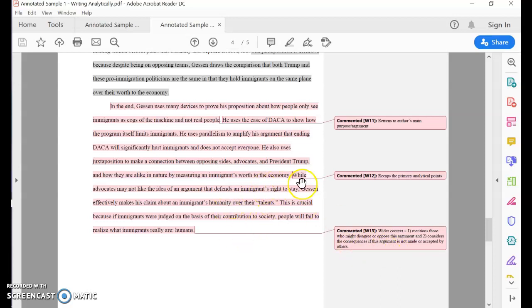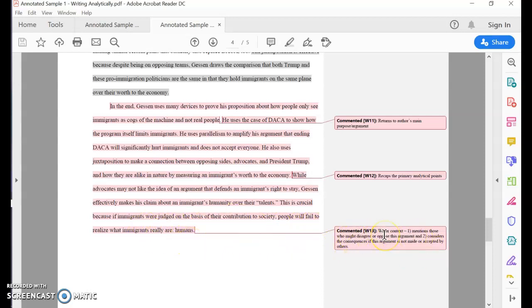So here she starts, while advocates might not like the idea of an argument that defends an immigrant's right to stay, Gessen effectively makes his claim about an immigrant's humanity over their talents. This is crucial because if immigrants were judged on the basis of their contribution to society, people will fail to realize what immigrants really are, humans.